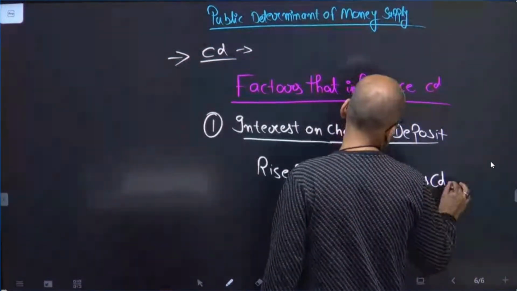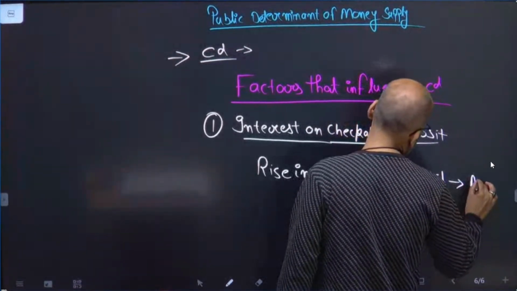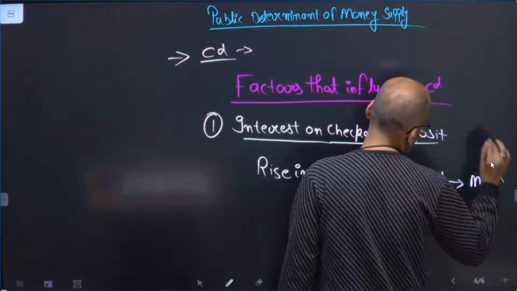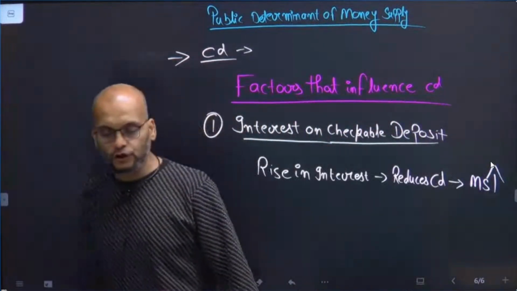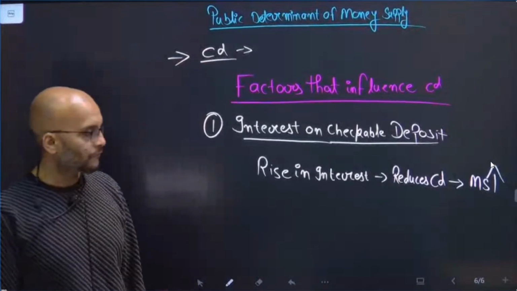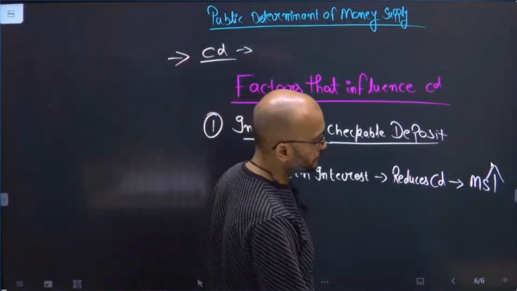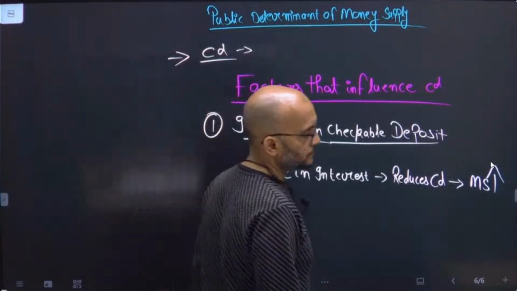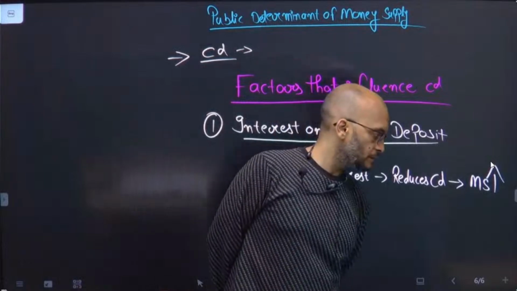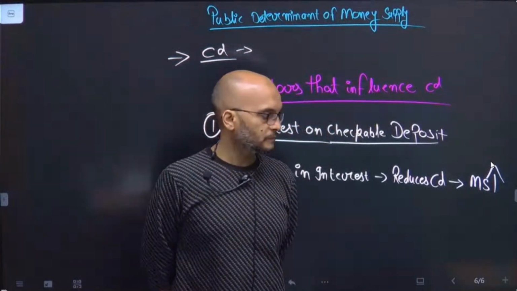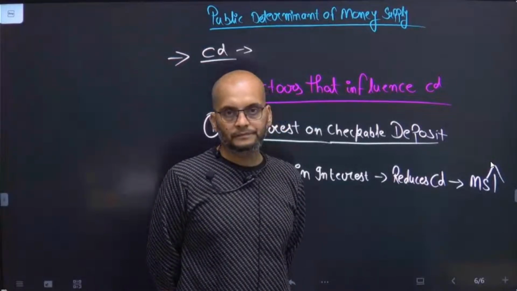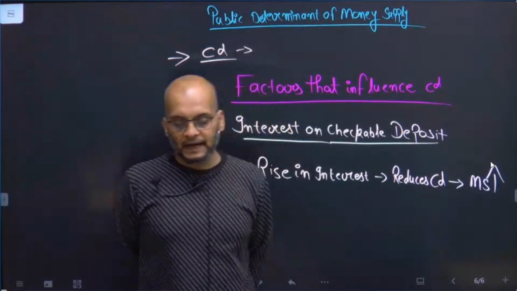And reduction in CD increases money supply. Understood or not? Clear? Speak up, guys.